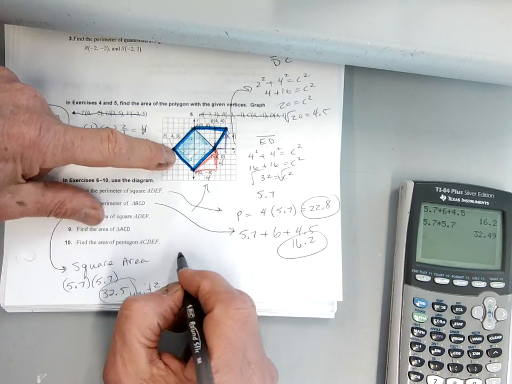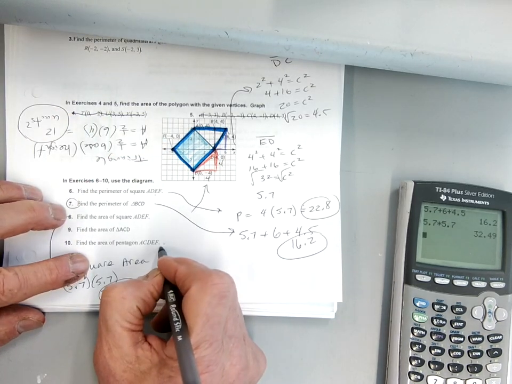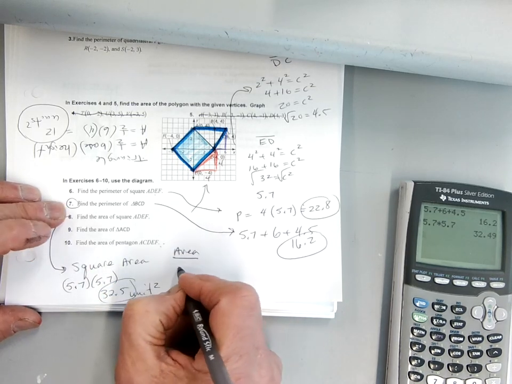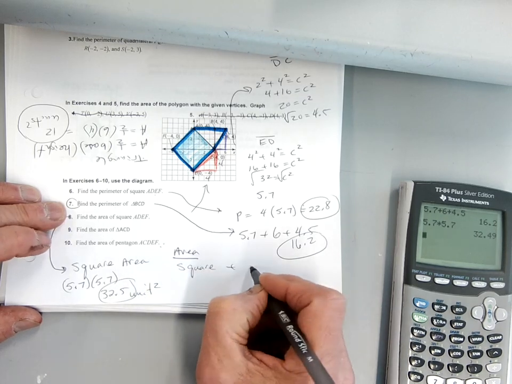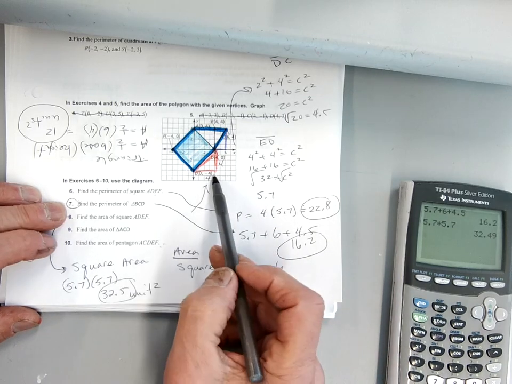All right, I'm ahead of myself, area. So the area, we know the square plus the triangle, right? So it's just the square plus triangle.